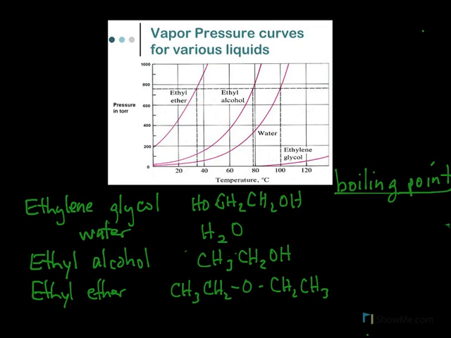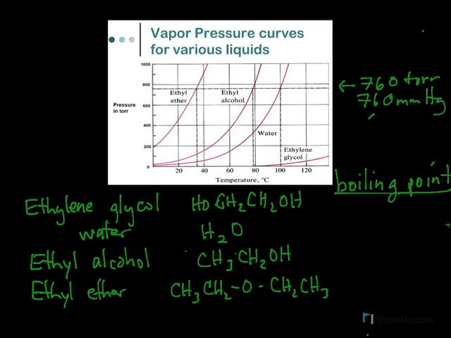As I said before, one of the important things is you can actually figure out what the boiling points of these liquids are going to be at normal pressure levels, at atmospheric pressure. By looking at this graph, you see that 760 torr is right here. Well, 760 torr is equivalent to 760 millimeters of mercury.